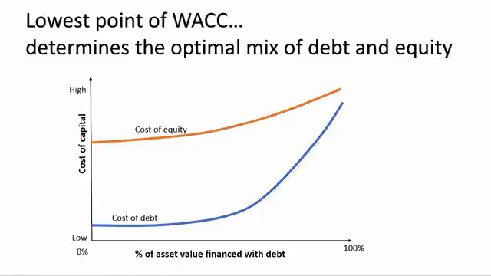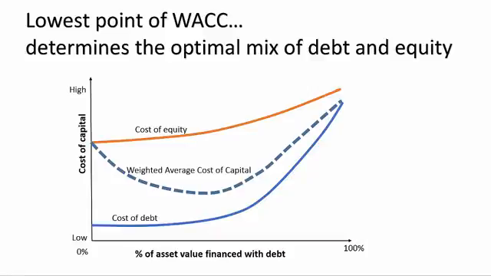When we plot a composite of these two curves, we create a curve that calculates the weighted average cost of capital, or WACC. This is a U-shaped curve. At 100% equity, your WACC is the same as your cost of equity. As cheap debt replaces expensive equity, this is a downward sloping curve. As debt gets increasingly more expensive, though, the curve turns and becomes upward sloping.